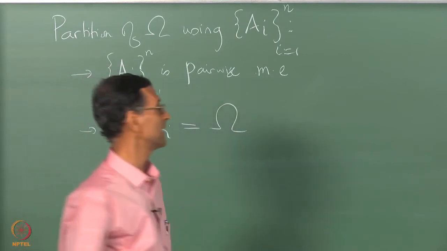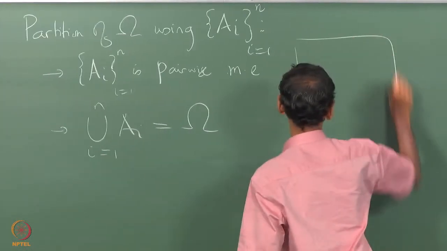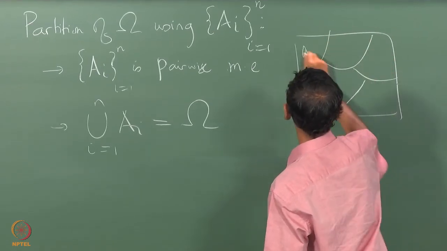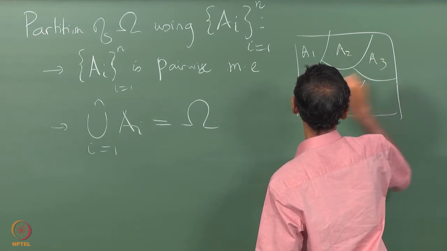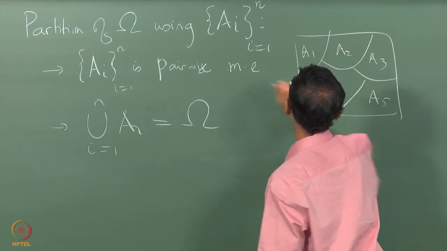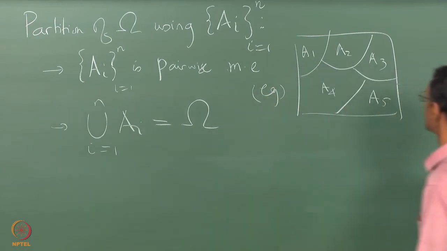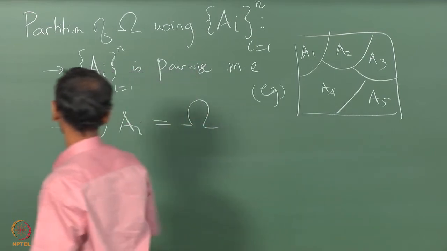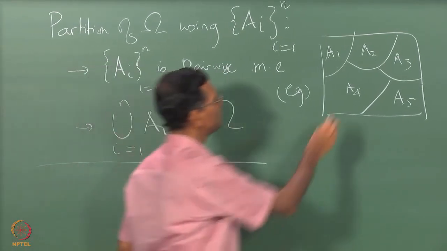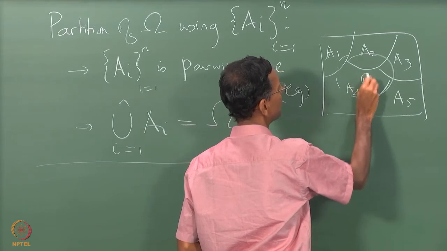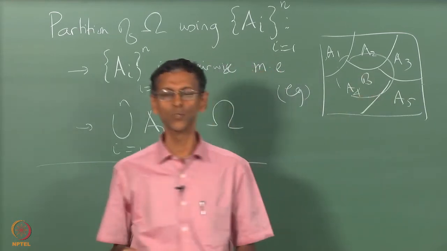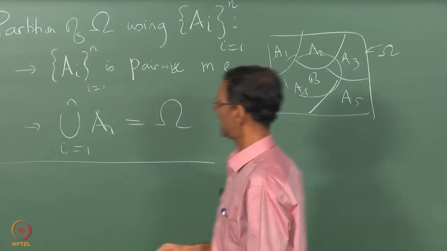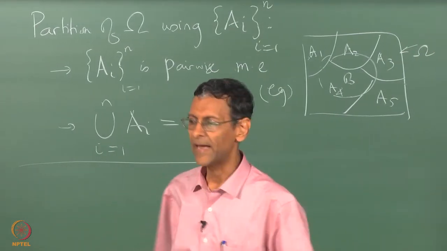Whenever we have a situation like this, pictorially it is drawn like this, A1, A2, A3. Then if I have any event B, obviously the event B has to live in omega as a subset of omega, and therefore it has to intersect the Ai's.